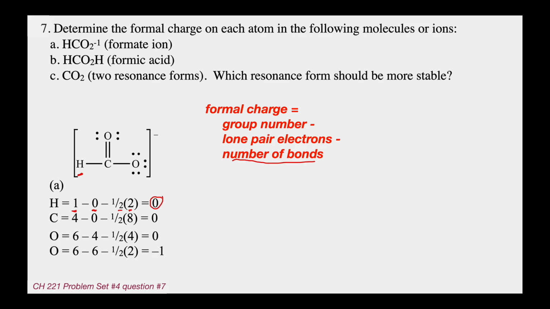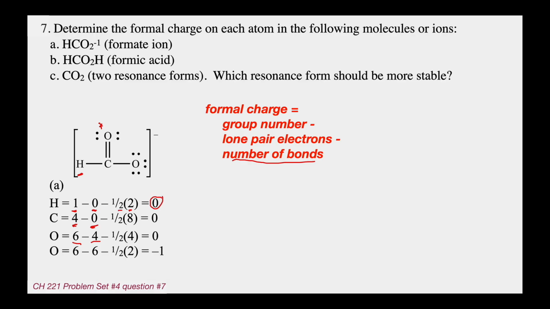Carbon, same kind of thing. Carbon is in group 4. It has no lone pair electrons. I would subtract 4, the 4 bonds around carbon, but you can also go 1/2 of 8, the bonding pair electrons. Either way, carbon also has a formal charge of 0. Now, let's do the top oxygen, the double bonded oxygen first. So oxygen group number 6, it has 4 lone pair electrons.